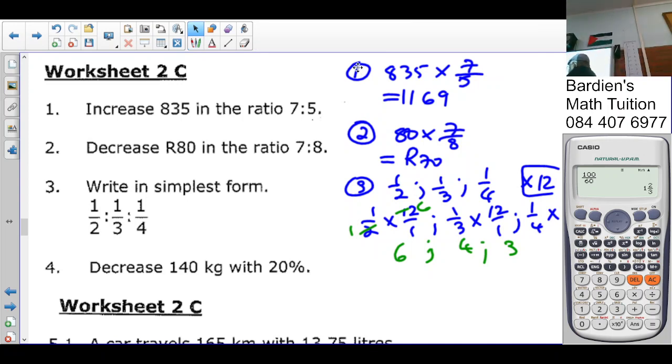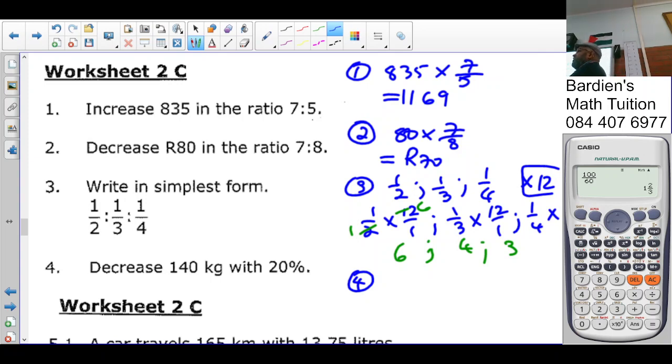Decrease 140 kilograms by 20%. So you must first work out what 20% of this is.